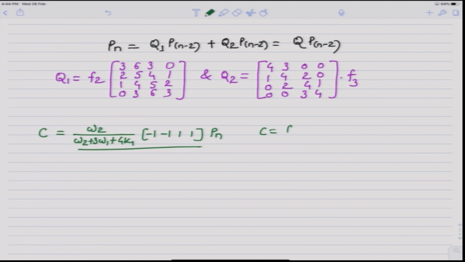So, C is equal to F1 times Pn, where we denote F1 as minus 1, minus 1, 1, 1, the row matrix times the probability of omega 2 type of jump.